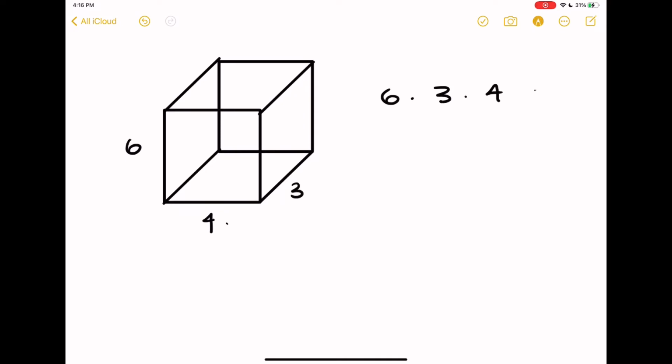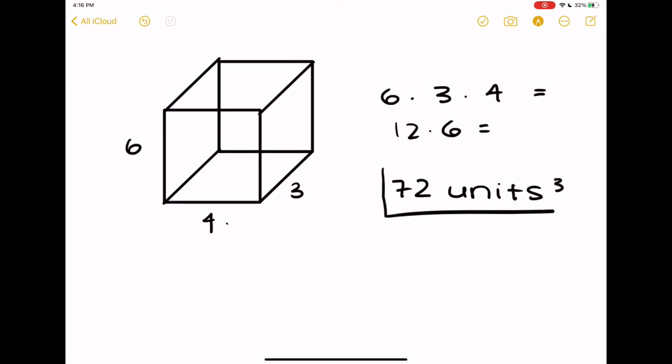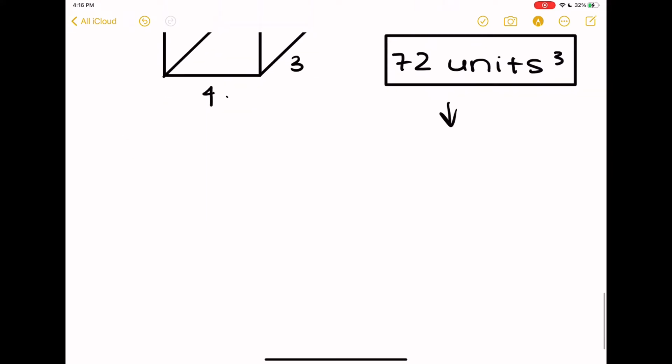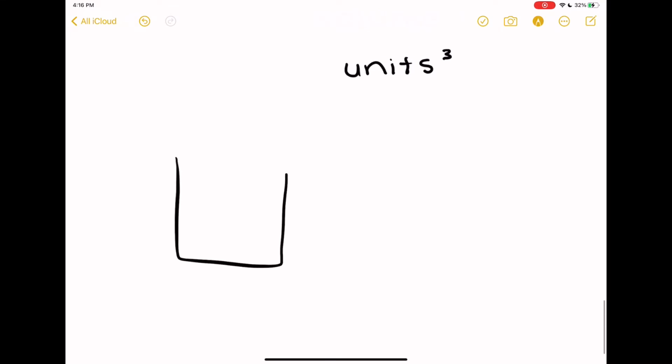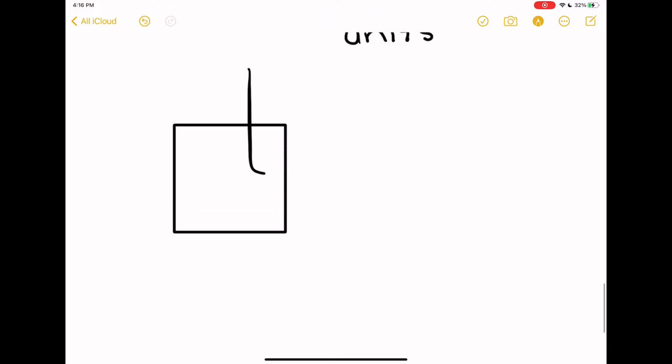Well, all I need to do is multiply each of them, and then I'll have 12 times 6, which is 72, and then the difference here is it's units cubed. As I said before, the units squared or units cubed helps tell you whether you're talking about perimeter, volume, or area. And when it comes to volume, it's units cubed because you're multiplying the units 3 times.